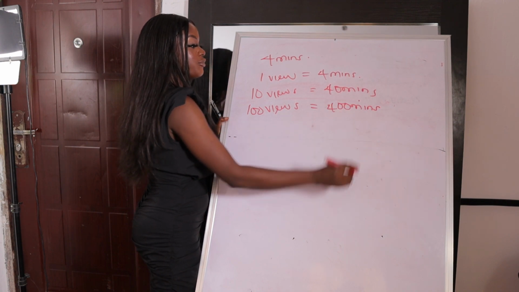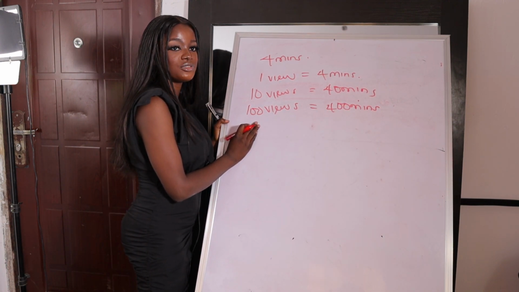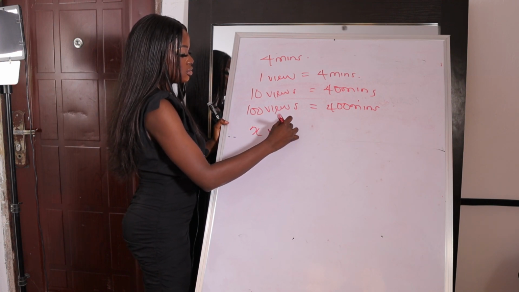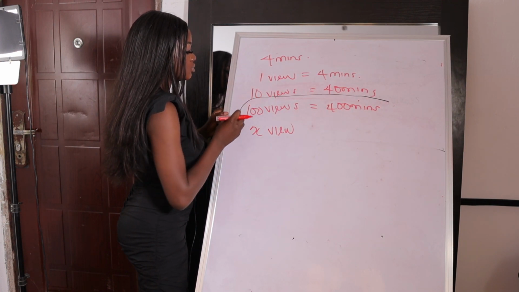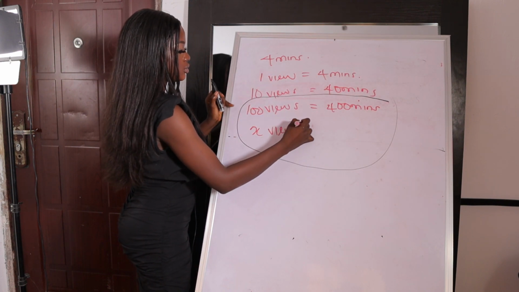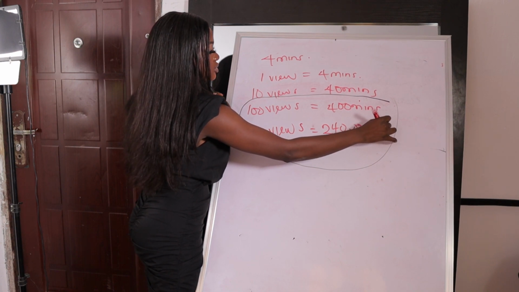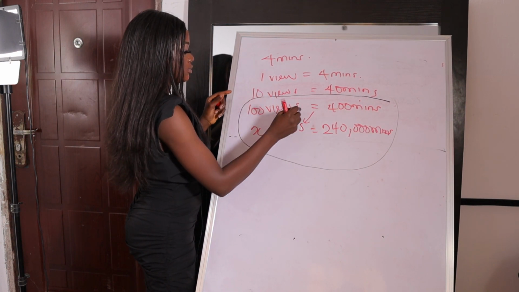Now, how many views will it take me to achieve 240,000 minutes? Now, I need X views. We are working with this alone. X views is going to give me 240,000 minutes. Cross multiply.